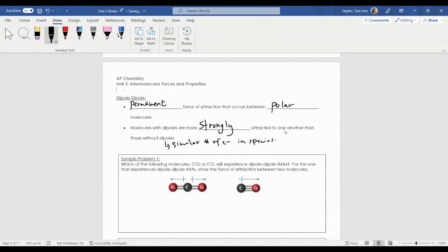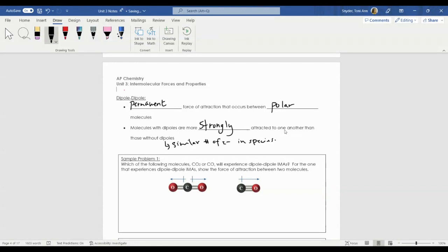So something that has a dipole would be water, whereas we already said paraffin does not have a dipole, it's nonpolar. Based on that, we would say, all right, well, why is water a liquid and paraffin is a solid, right? Even though water has those dipoles.